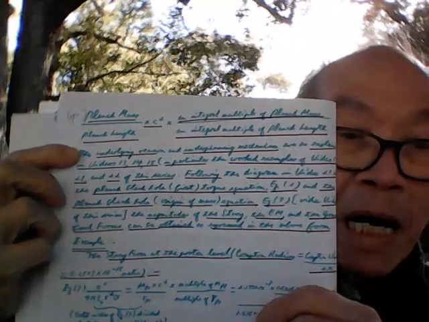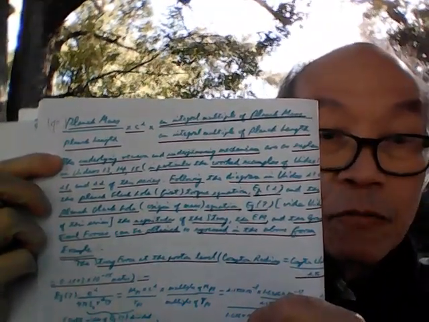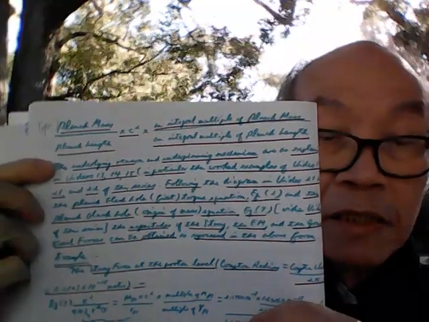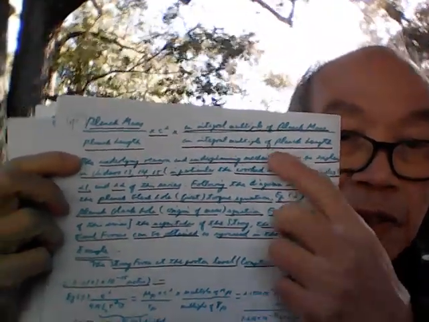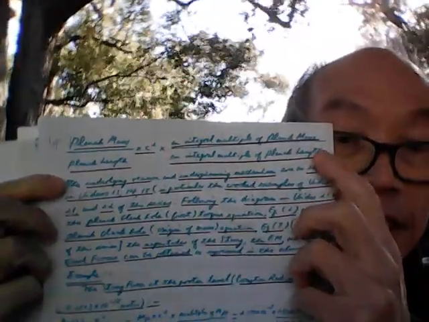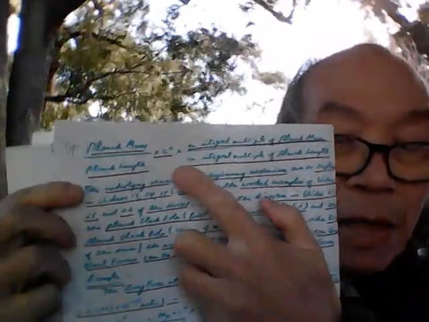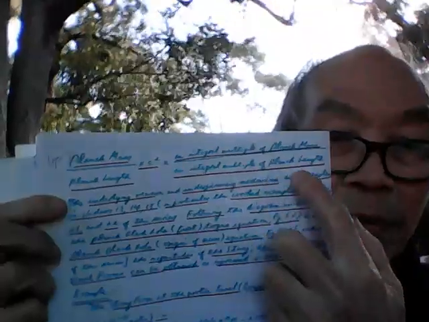Planck mass divided by Planck length times c squared. c squared means light speed squared. Multiplied by the integral multiple of Planck mass divided by the integral multiple of Planck length.